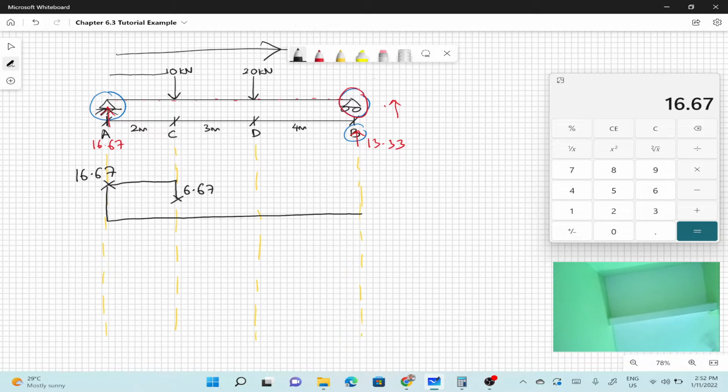From C to D there is nothing, so we just have a straight line. This is still 6.67, but once you arrive at D, you deduct 20, so you might have negative. You have to tell the cashier that you don't have enough money, so you're going to be in debt. So it's negative 13.33.